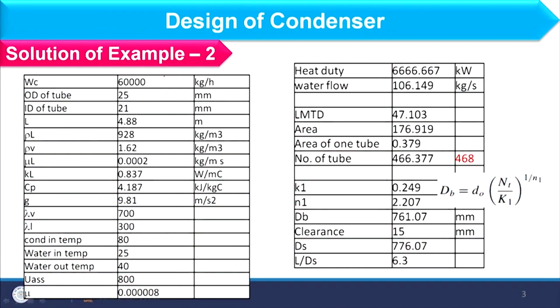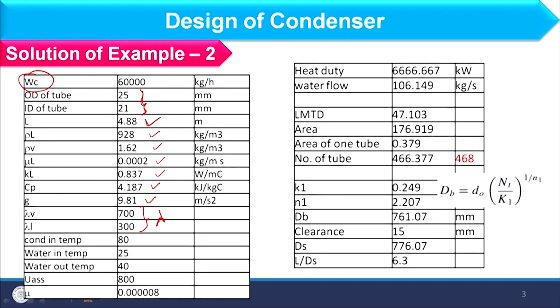Let us see what information is given to us. We are given the condensate flow as 60,000 kg per hour, the OD and ID of the tube, and the total length of the tube is 4.88 meter. The density of liquid and vapor, viscosity of liquid, thermal conductivity of the liquid, specific heat of water, and g value are given, along with the enthalpy of vapor as well as the enthalpy of liquid.